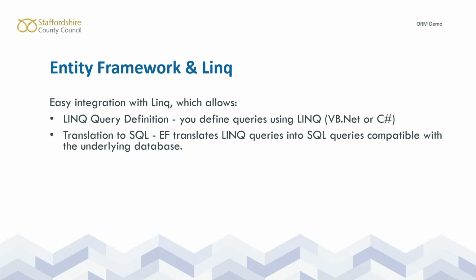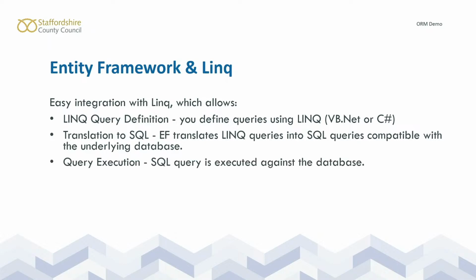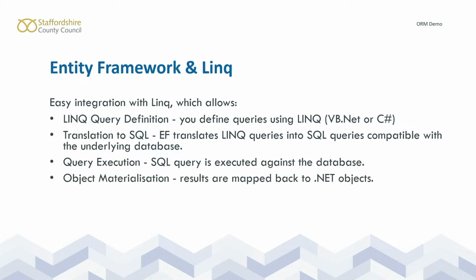And Link will then translate that query to the underlying database of your choice, whether it's Postgres, SQL Server, MySQL, or any of those that I showed you earlier. Then it will execute that SQL against the database and materialize those .NET objects back from the database into your entity objects.